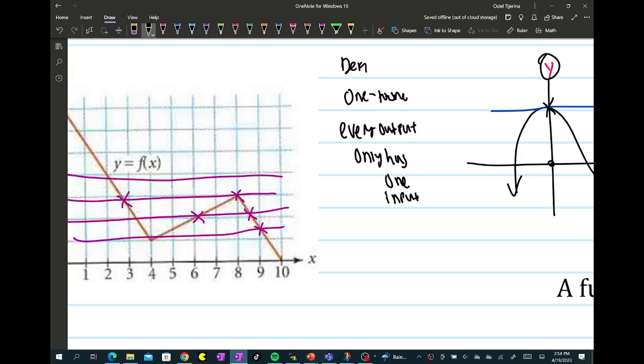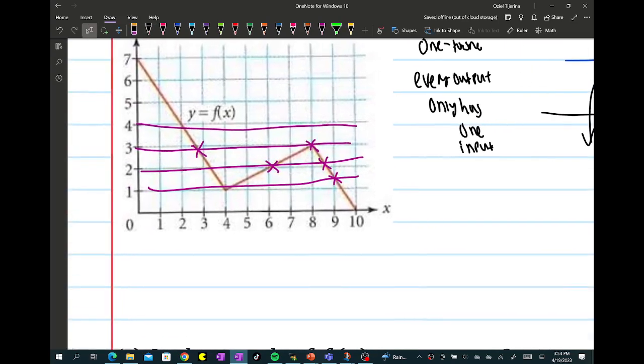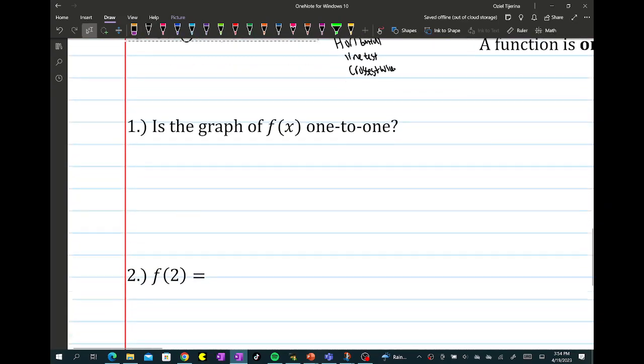This is the definition. Here, every y value actually has two x values, so this is not one-to-one because it crosses the horizontal line test twice. That is how we know it is not one-to-one.